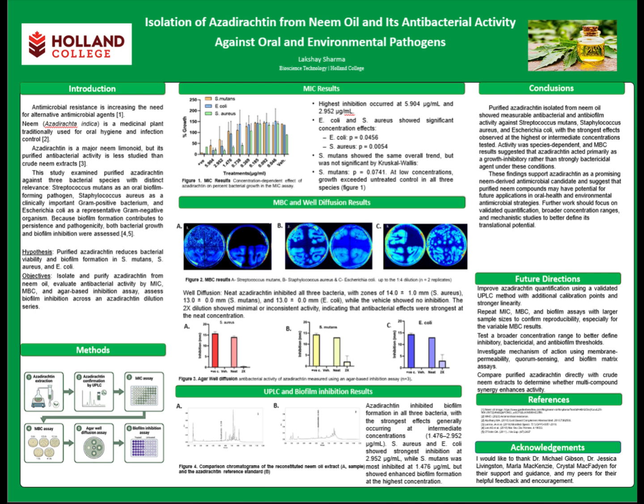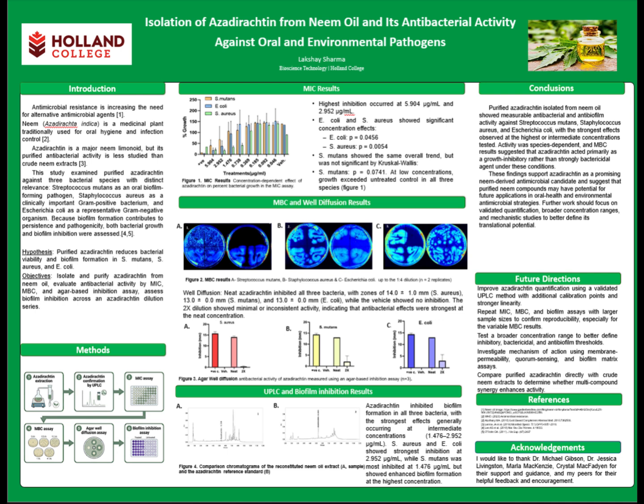In the MIC assay, azadirachtin showed a concentration-dependent inhibitory effect, the strongest inhibition being at the two highest concentrations, 5.9 and 2.952 microgram per ml. For E. coli, growth was reduced to 17.98% at the highest concentration, and for S. aureus it was 21.02%.